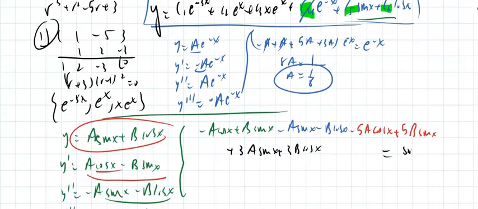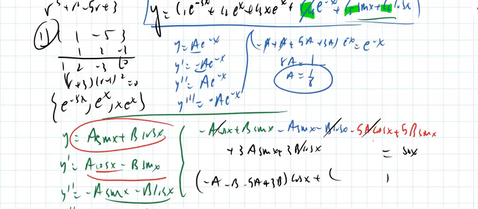sine of x. So the cosine of x, negative a minus b minus 5a plus 3b. And as for the sine, we have a, b plus 5b minus a plus 3a.